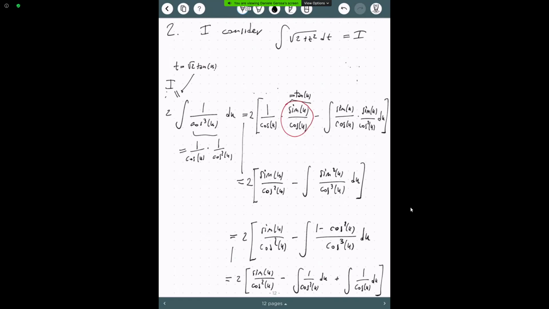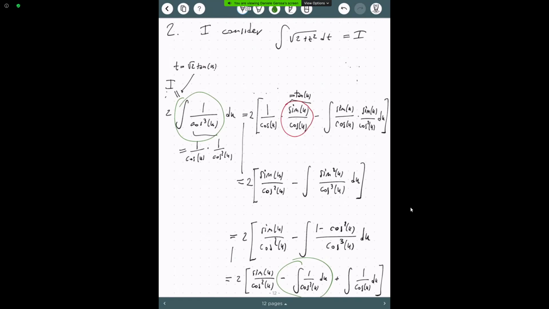Now, first of all, you see that we started from this green thing. We started from the integral of 1 divided by cosine to the power of 3. And then here we have again the integral of 1 divided by cosine to the power of 3 with a minus. So we can dump that thing on the left-hand side to simplify the expression.